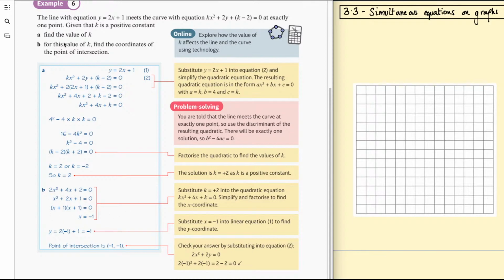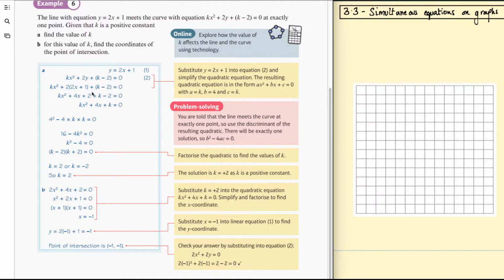Part B, for this value of k, find the coordinates of the point of intersection. So then you substitute the value of k back in to the original quadratic here. So 2x squared plus, this quadratic where we've substituted in.